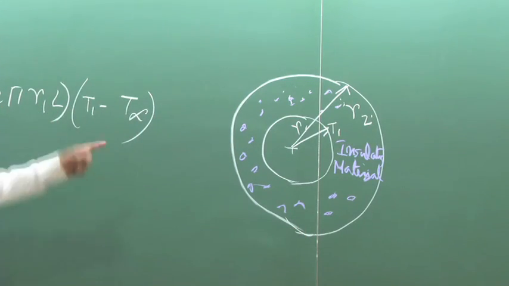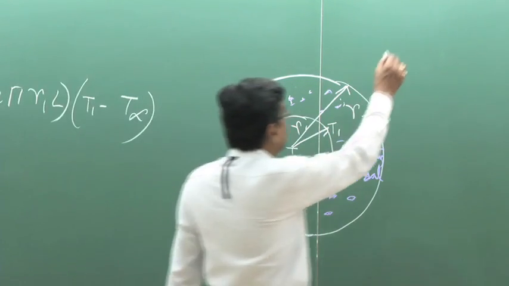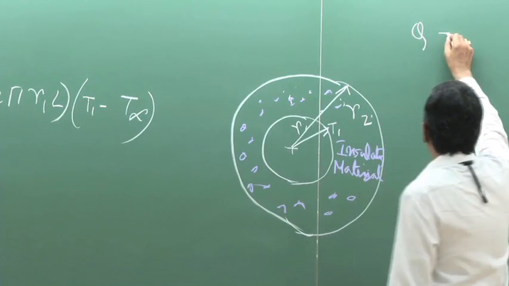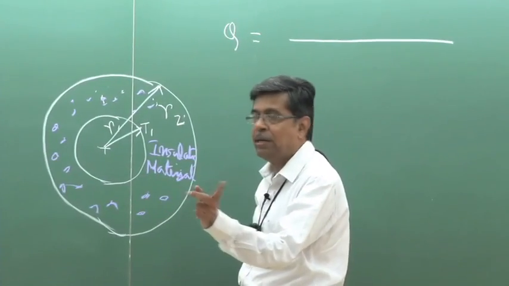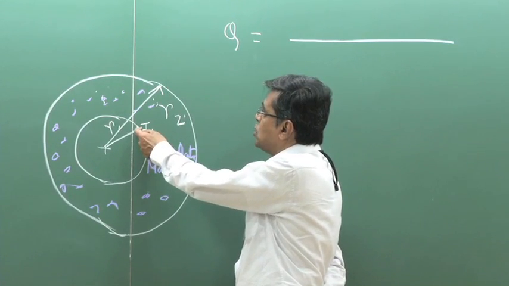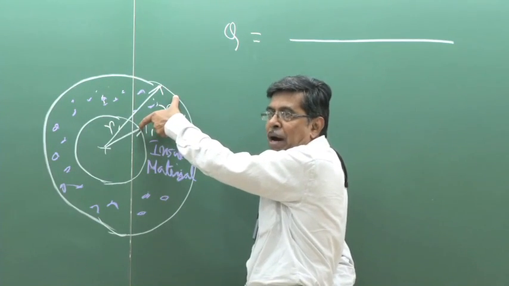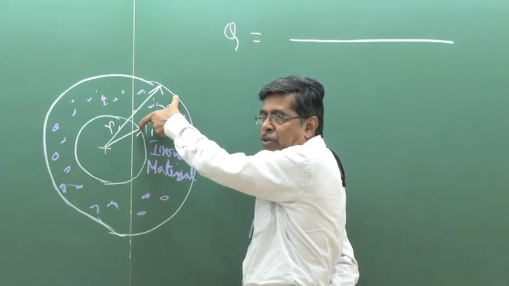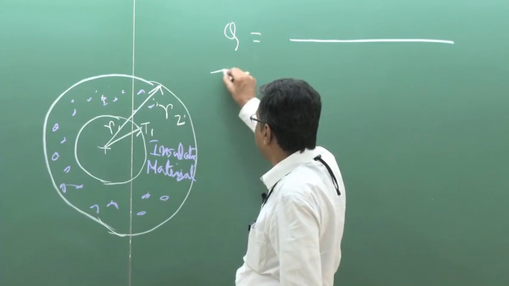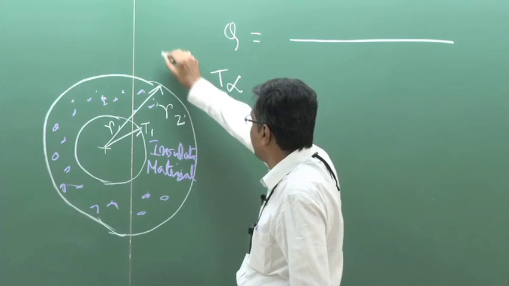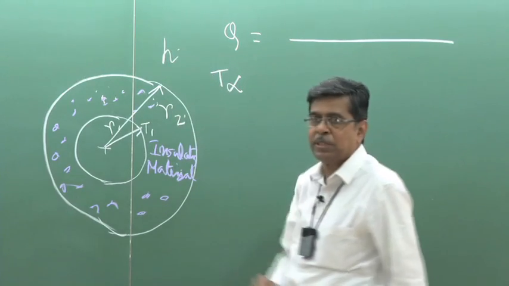Now if we write the heat transfer equation for Q, as you know, this becomes a series problem, as you have already done. From T1 it goes via conduction through the path R2 minus R1, then from here by convection to the surrounding T infinity with a heat transfer coefficient h.